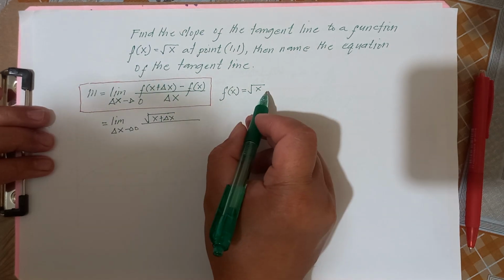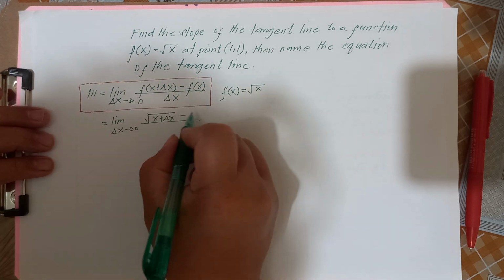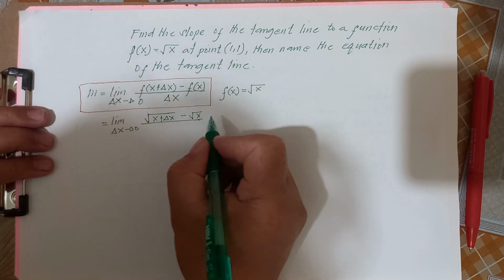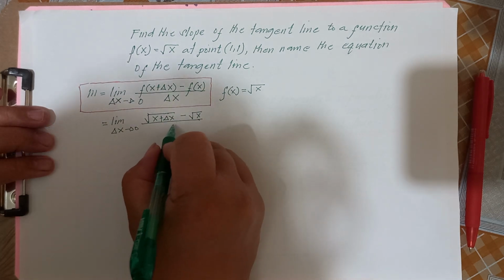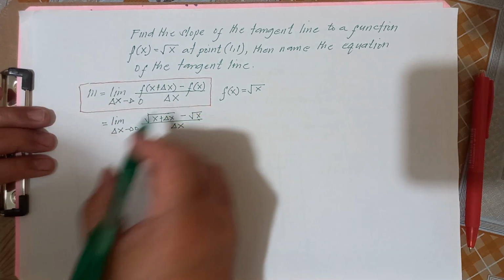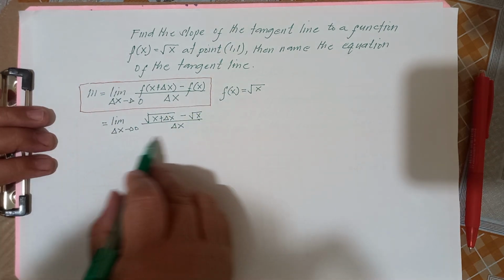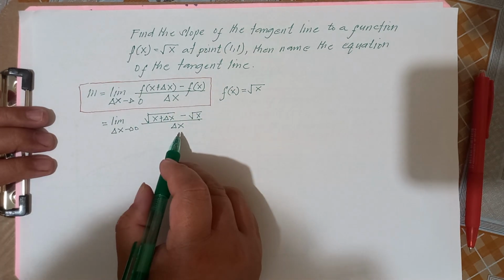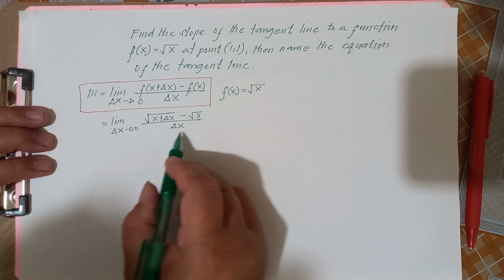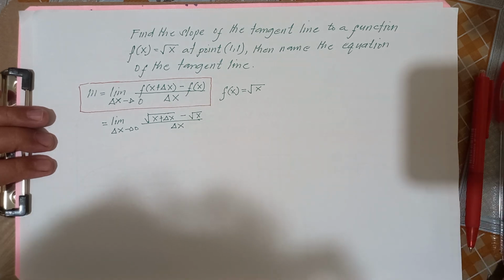What is your f of x? That is the same as minus the square root of x, over the change of x. Now notice that when we have a direct substitution, it will give you an undefined term. So if it will give you an undefined term, then there must be no limit.